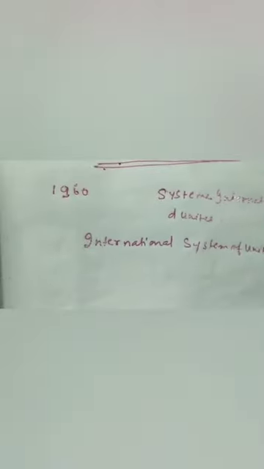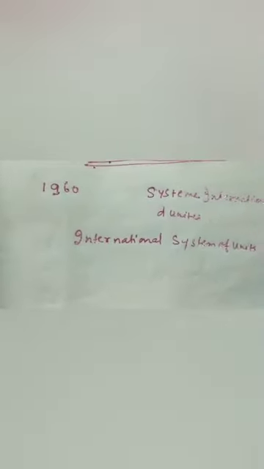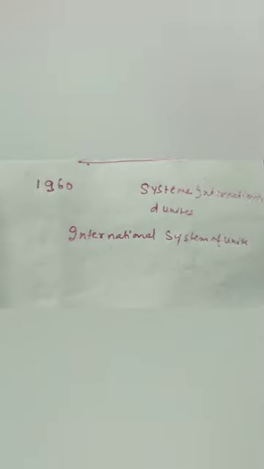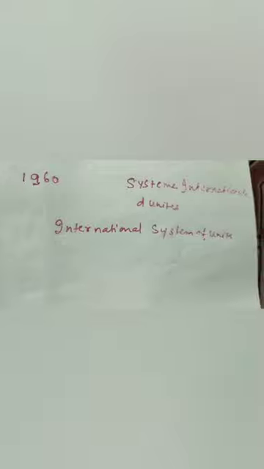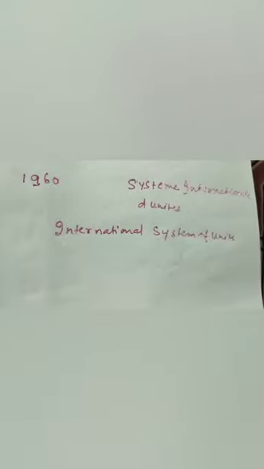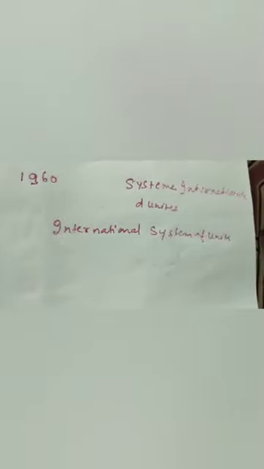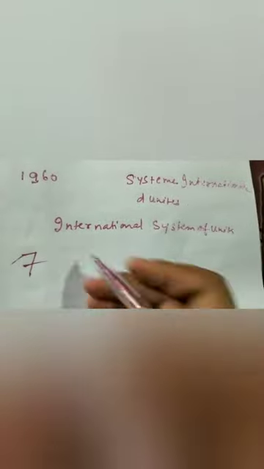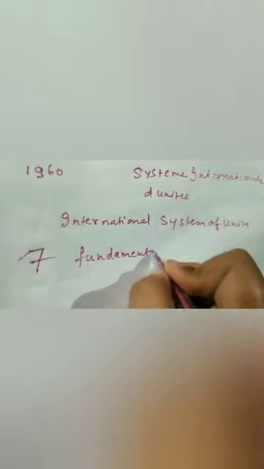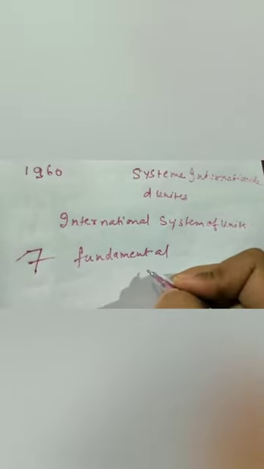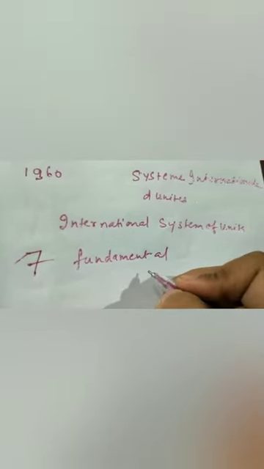So a unit system was developed and it was accepted internationally. That means the value won't change from place to place. It had 7 fundamental or basic units. How many? 7 fundamental or basic units in all.